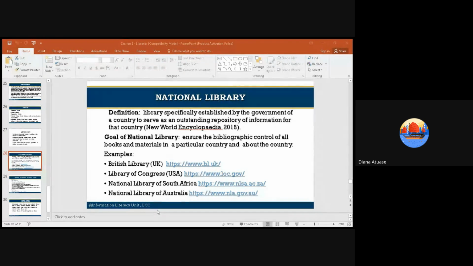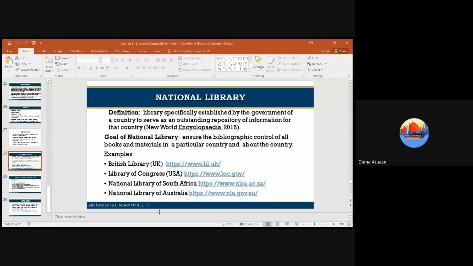So we move on to the National Library. I'm recapping the types of libraries. We have looked at the school library. Under the school library, we have basic or primary school library, we have secondary school library. We also looked at the academic library. Another name for academic library is university library or college library.